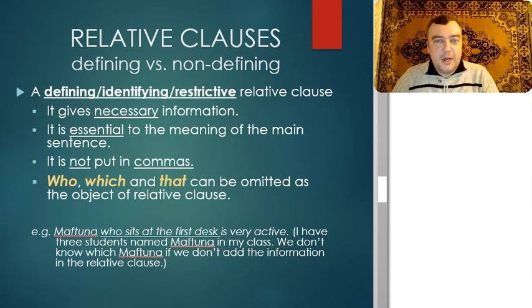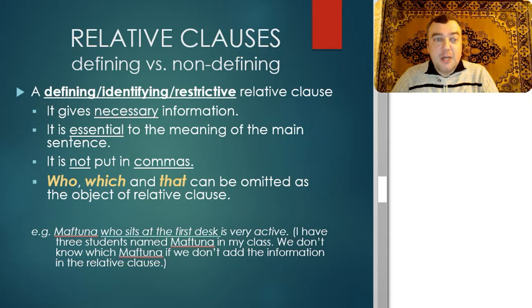So in order to specify or identify which Maftuna I am talking to, I often need defining relative clauses. So my example is Maftuna, who sits at the first desk, is very active. I have 3 students named Maftuna in my class. As I already said, we don't know which Maftuna if we don't add the information in the relative clause.